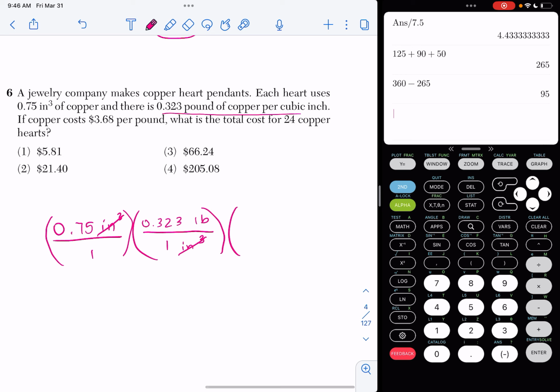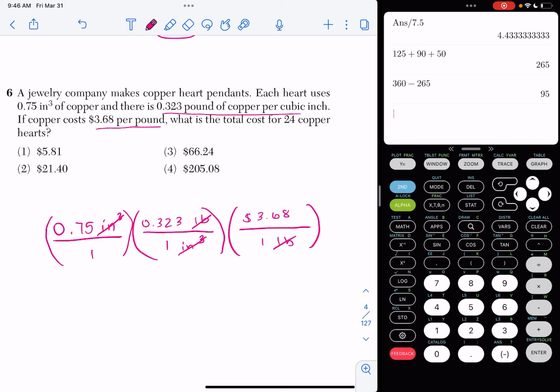Okay, next fact says copper costs $3.68 per pound. So I'm going to fill in 3.68. My unit there is, of course, dollars. And that's per pound, so 1 pound. Now my unit of pounds has disappeared.